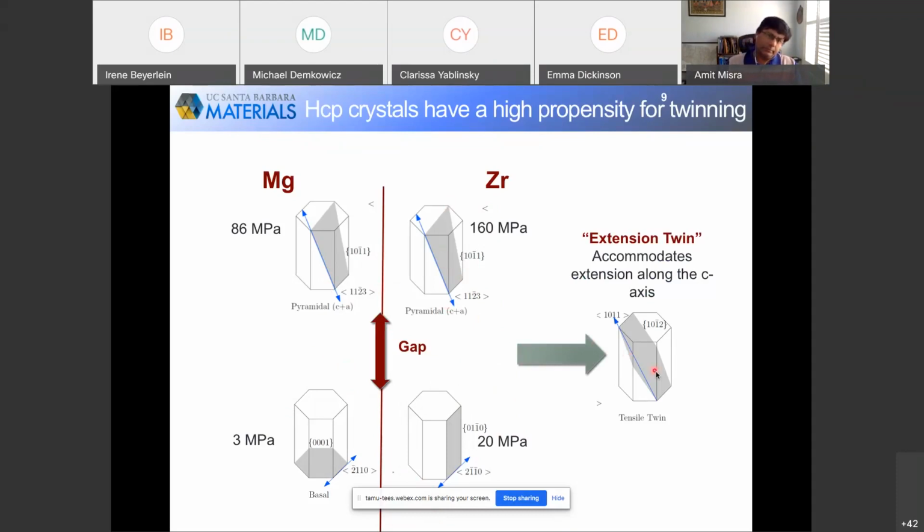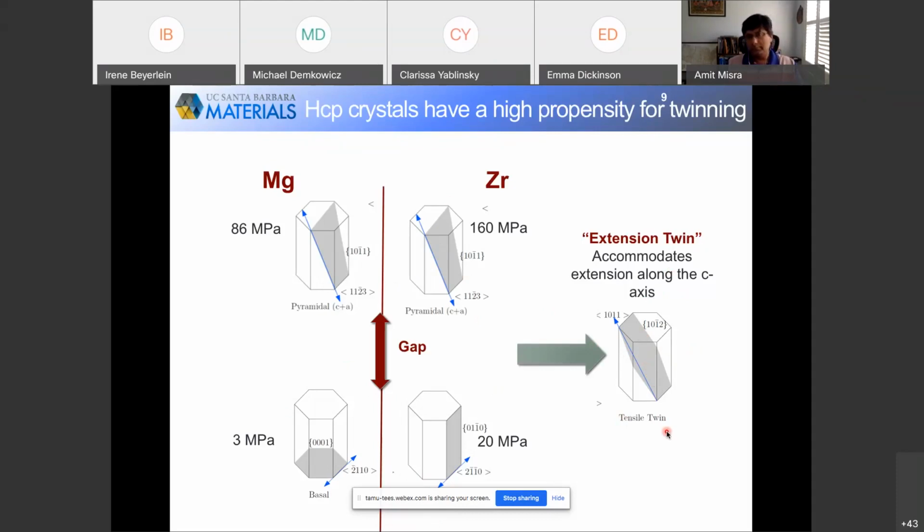Deformation twinning is a way of accommodating C-axis deformation, whether in compression or in tension.